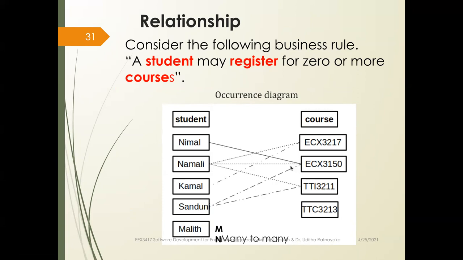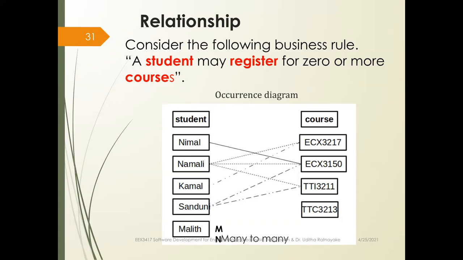Here you can see this triangle, and here you can see this triangle also. Because both sides have many sides, this is called many to many. So a single student can get many courses, and this course can be obtained by many students. So this becomes many to many.